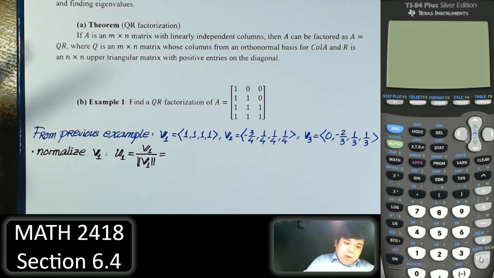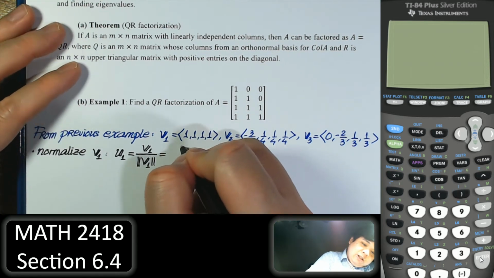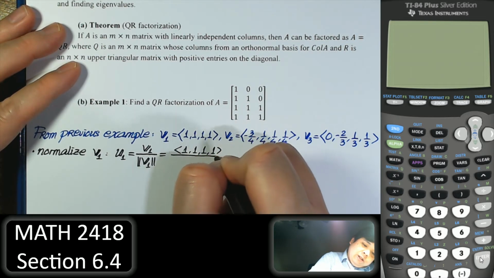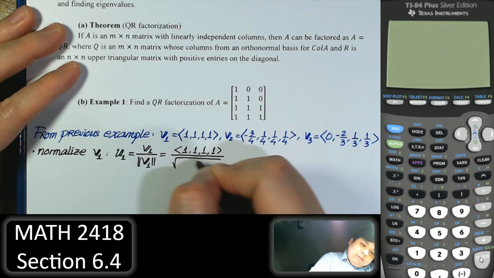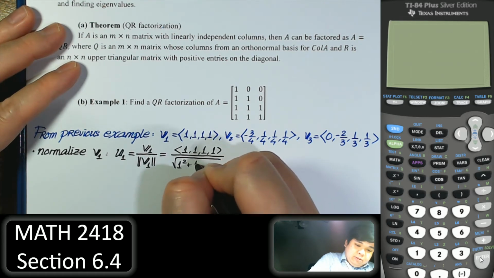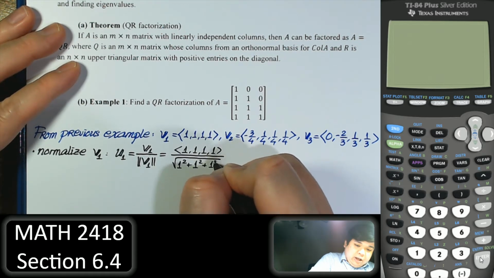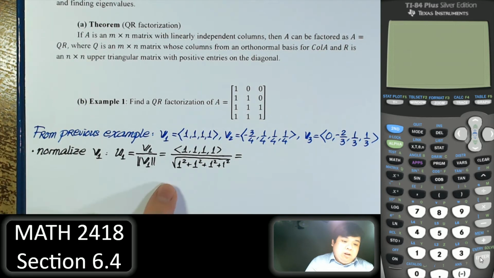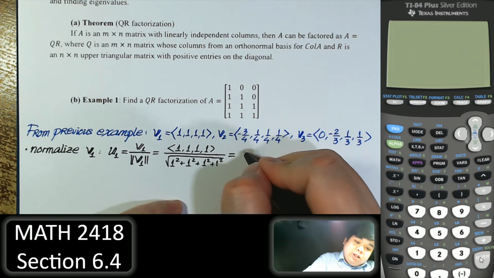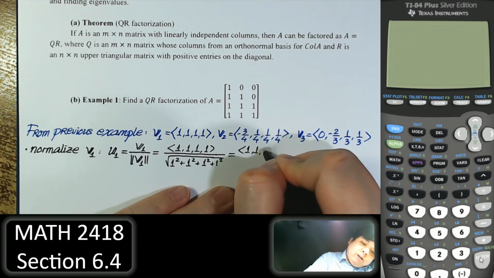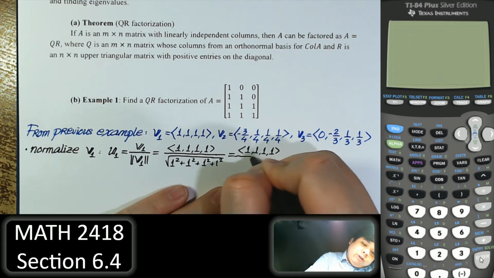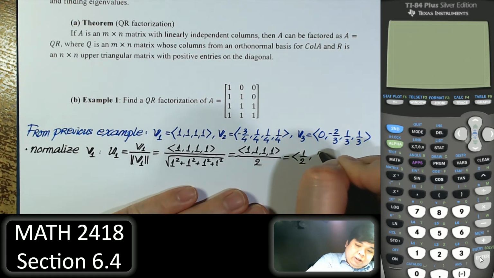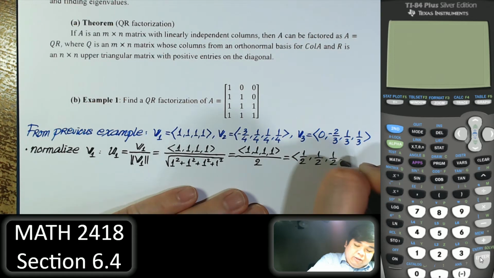Right, so v1, 1, 1, 1, 1, the norm is the square root of the sum of the squares of the components. That is 4, the square root of 4 is 2, so we just have 1, 1, 1, 1 over 2. So 1/2, 1/2, 1/2, and 1/2.